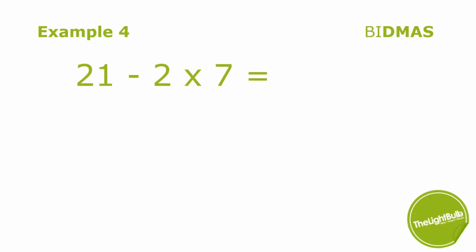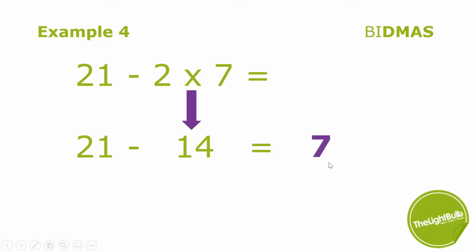Which one comes first? Well, according to BIDMAS, it's the multiply that comes first. So we do 2 times 7, first of all, giving us 14. We can then rewrite the calculation below with our new bit of information. So 21 subtract 14 gives us an answer of 7.